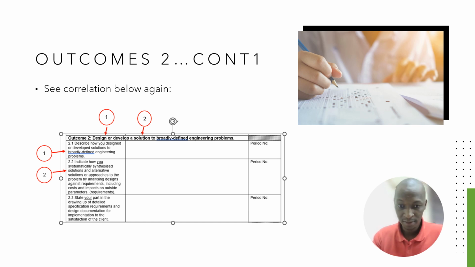Here again, I show you the correlation of the description and the criteria. The way it has been written chronologically is the same way that the criteria are flowing, and your criteria will always flow from high level to low level.